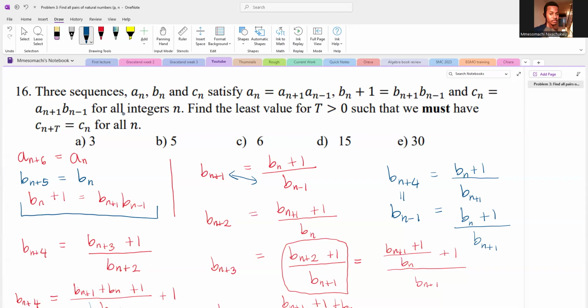Okay, so now we have Cn is equals to this times this. So Cn equals to An plus 1, Bn minus 1. Okay, so since Cn is formed from the product of these two sequences, let's look at Cn.